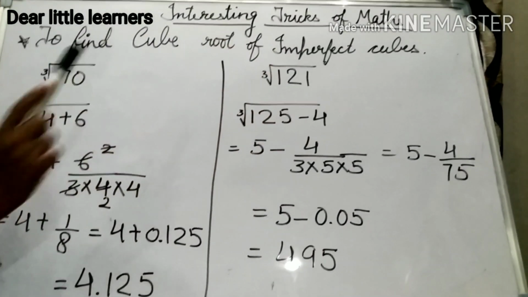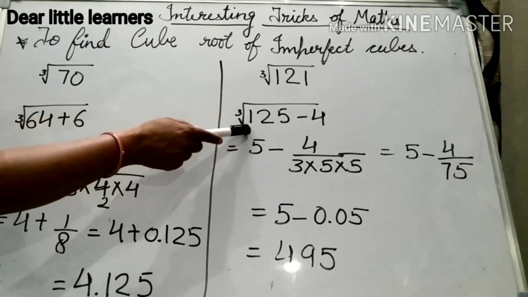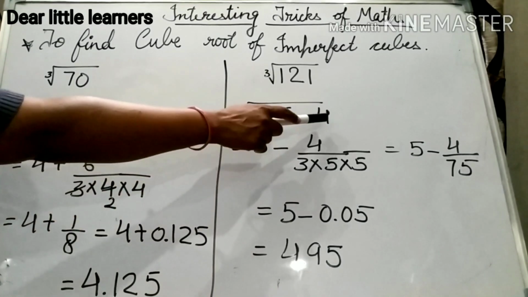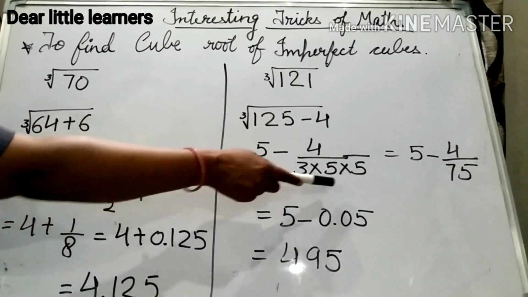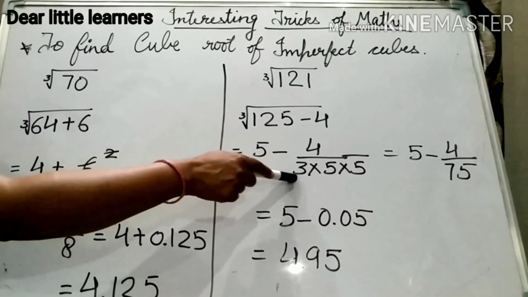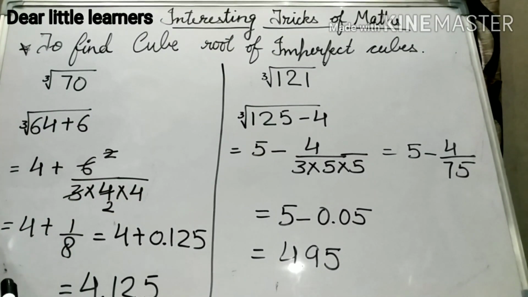And when we take out the cube root of 125, we have got 5. That I have written, and as I told you, 4 we will write as it is, then at the denominator 3 multiply by this number twice, 3 multiply by 5 multiply by 5. Now here no number is cancelling, it's okay.